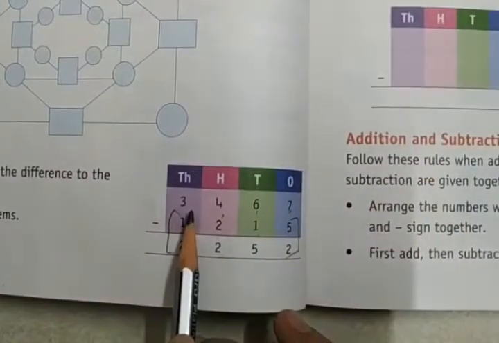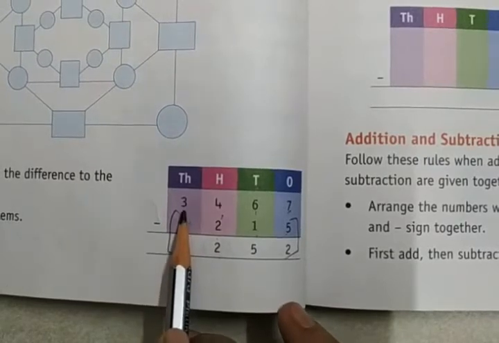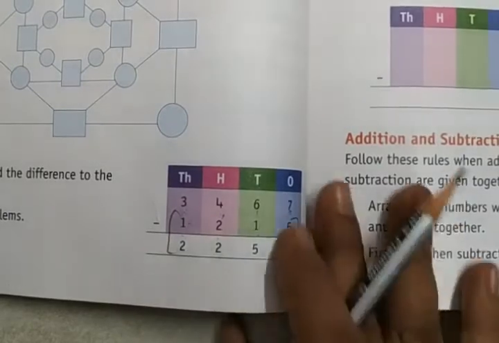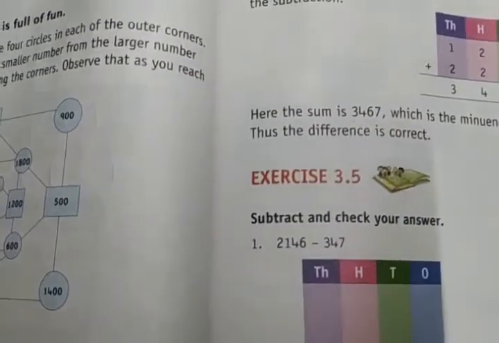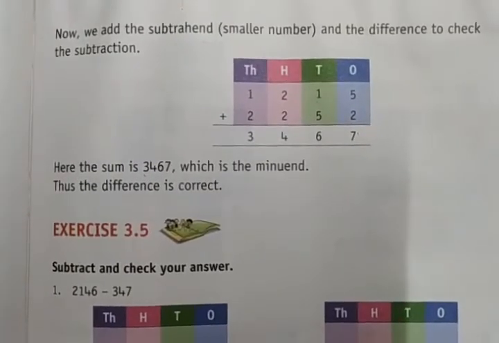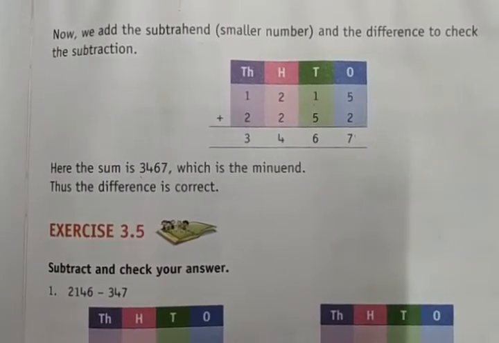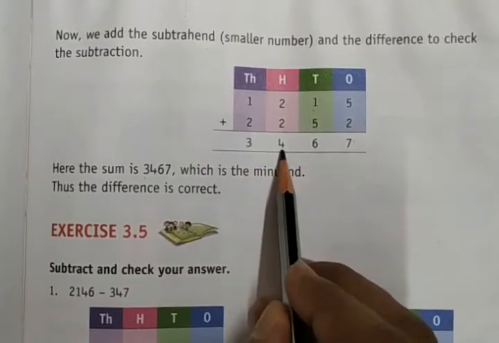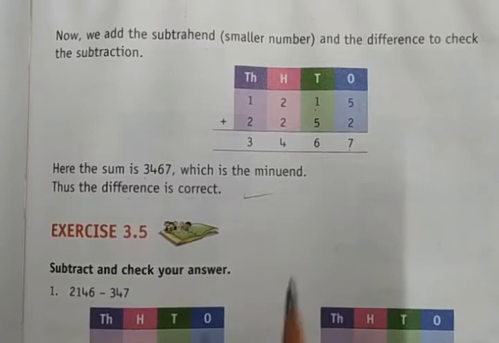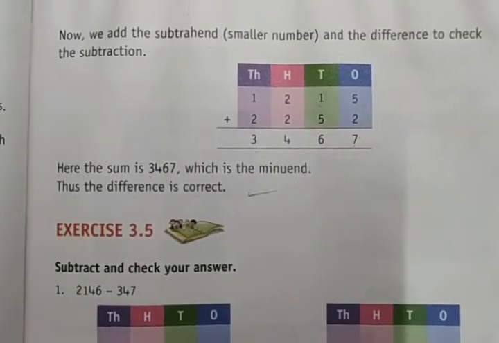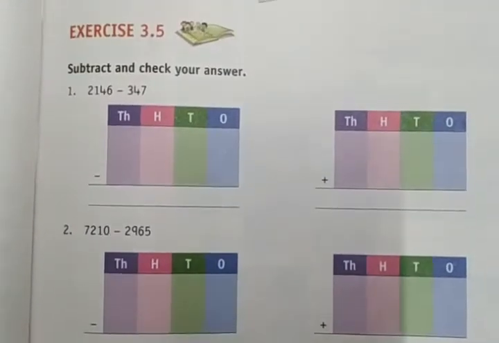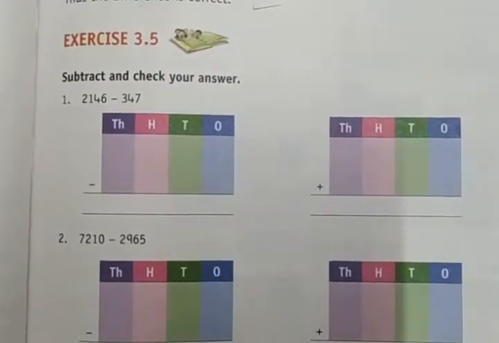We are getting the minuend, 3467, right? If you add the subtrahend and the difference, you are going to get the minuend. Thus the difference is correct. Okay, clear? So based on that example, we will solve exercise number 3.5.